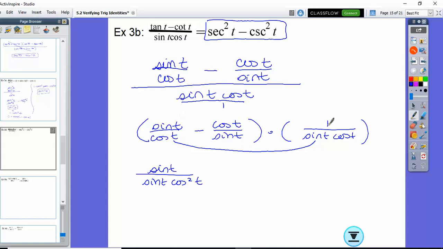Because we had sine t times 1 and cosine t times sine t cosine t. Okay, minus the other one. Cosine t times 1 is cosine t. Sine times sine cosine would be a sine squared cosine. What happens now?